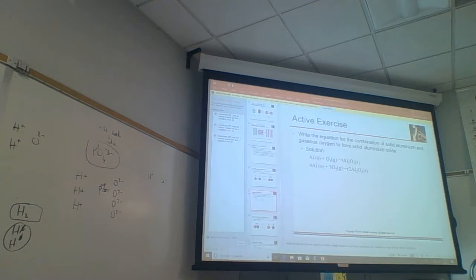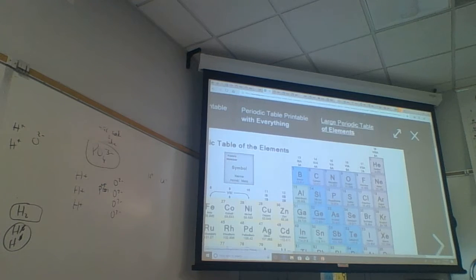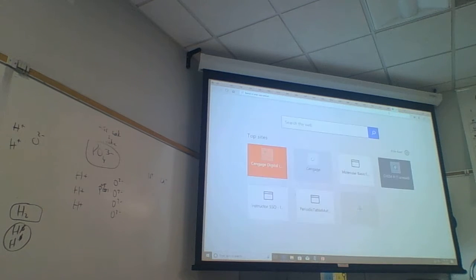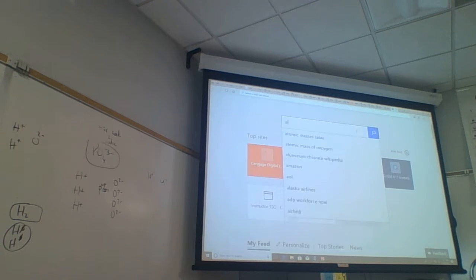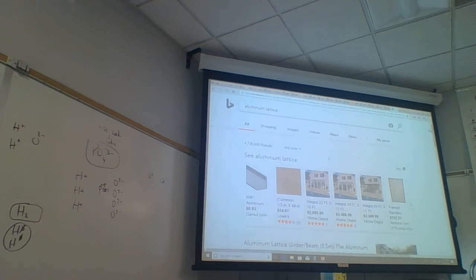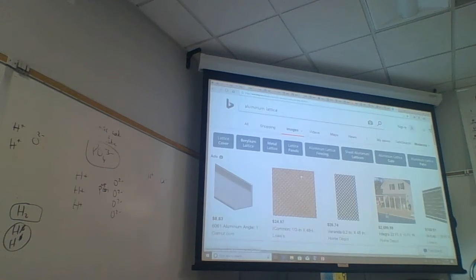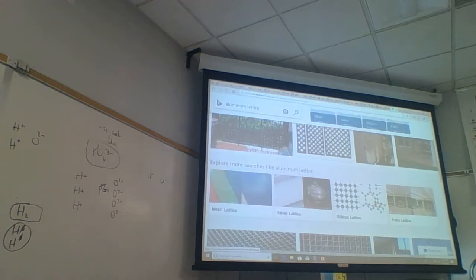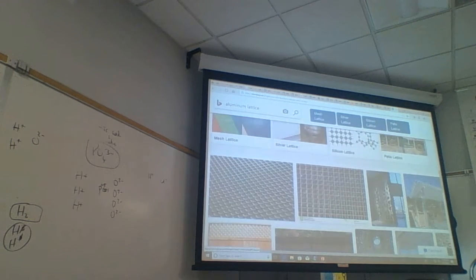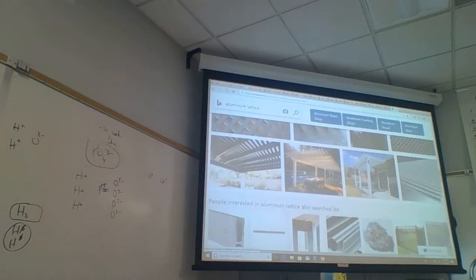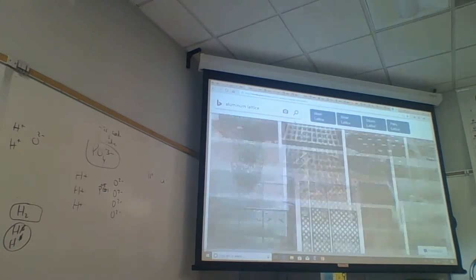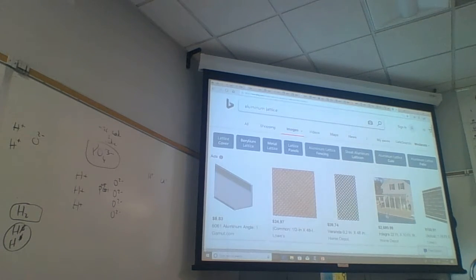In fact, let's take a look and see what a lattice looks like for aluminum. This is called a metallic lattice. These are architectural lattices here. To avoid this, we call it crystal lattice.